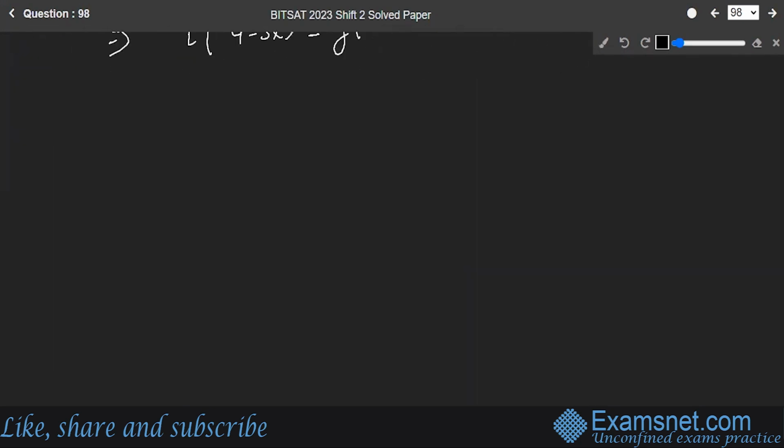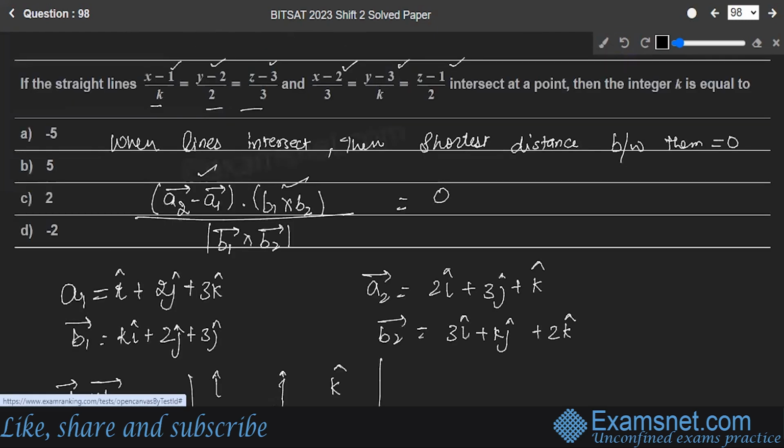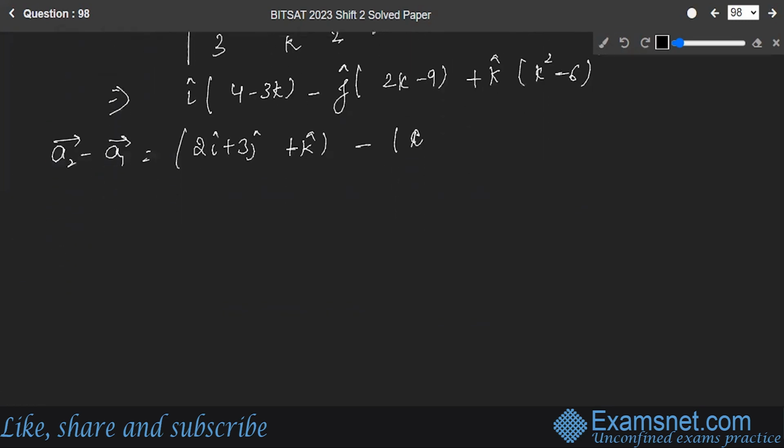Let's go for that also. A2 minus A1 will be given by 2i plus 3j plus k minus I plus 2j plus 3k. So this will give me I plus j minus 2k.